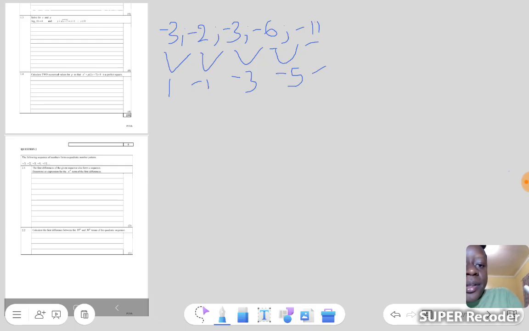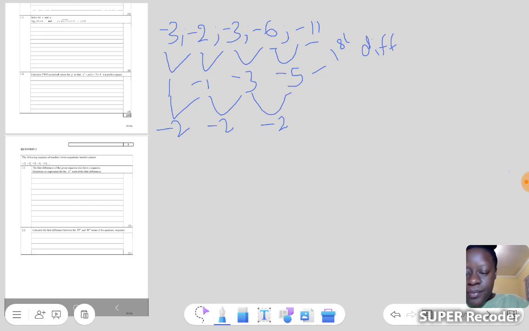This is our first difference. And remember that our first difference always gives us an arithmetic or linear pattern. So let's come to our second difference, like this.